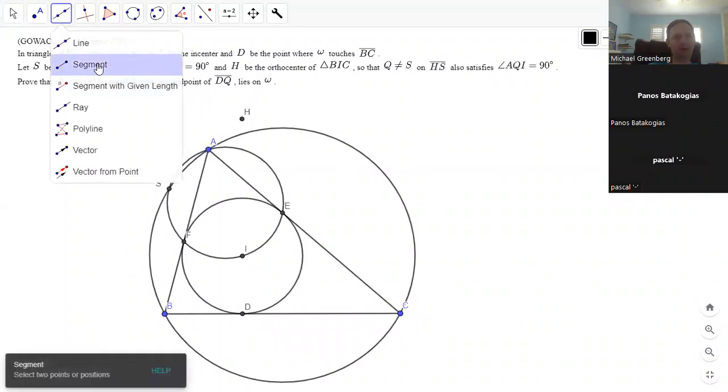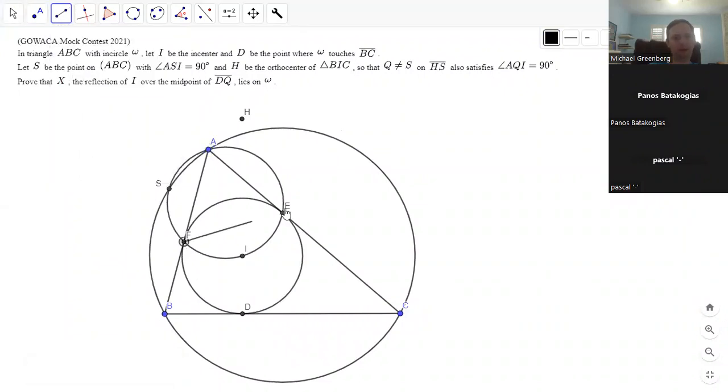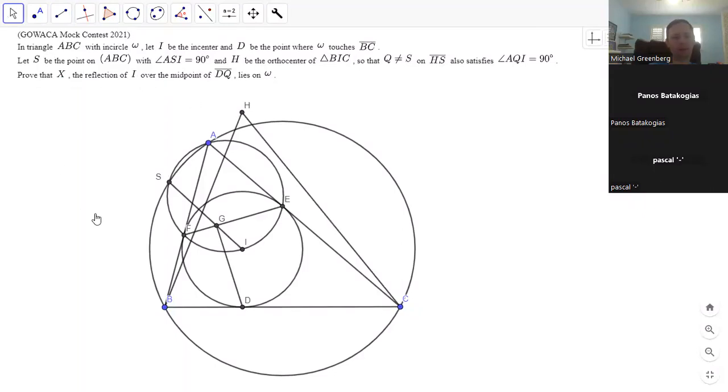So that means that if we connect these, then this is perpendicular to EF. That's a well-known fact. Okay, so H is the orthocenter of BIC. It also makes a parallelogram with the A-excenter. So if we drew that, that would be a parallelogram.